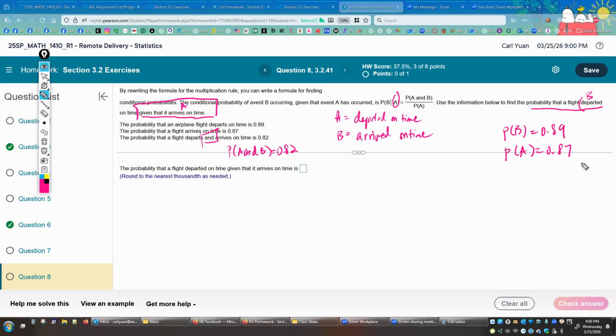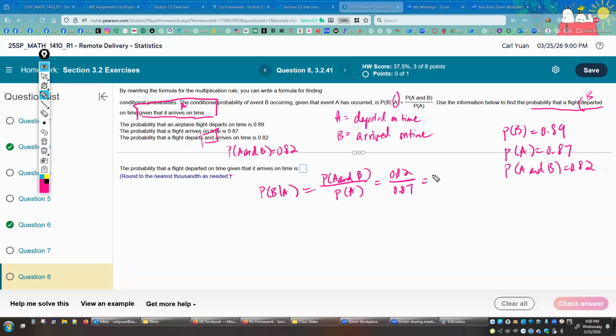The question asks for the probability of B given A, using the formula: P of A and B divided by P of A, that is 0.82 divided by 0.87.